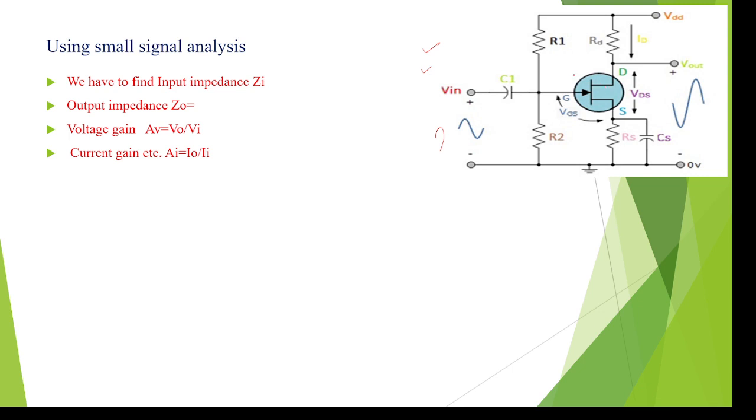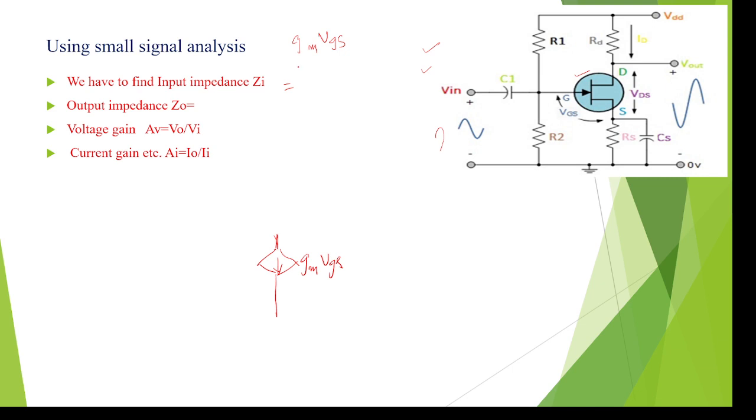First we need to draw the current for the transistor. So this is the current at the transistor, gm into VGS. Why is it gm times VGS?